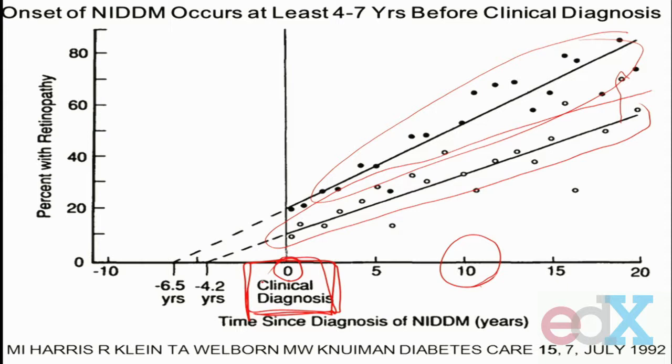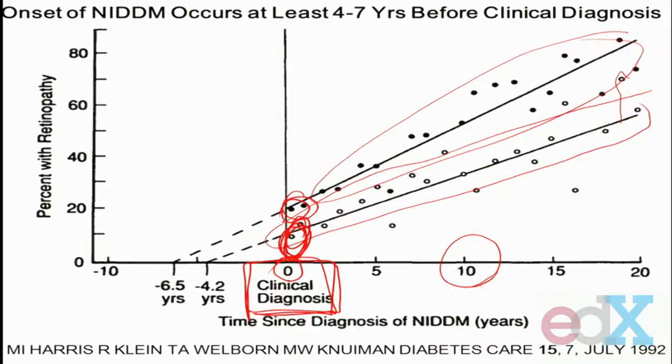And then all of a sudden, the next day, you have this percent with retinopathy. Same thing happens with even higher in Australia. It doesn't make sense that you go the day you're diagnosed, or this doesn't make sense at all.